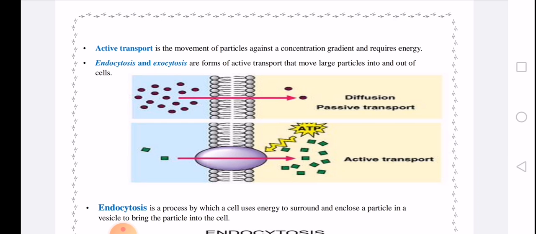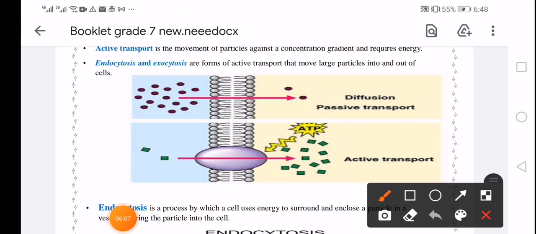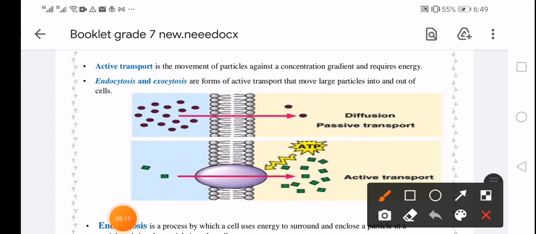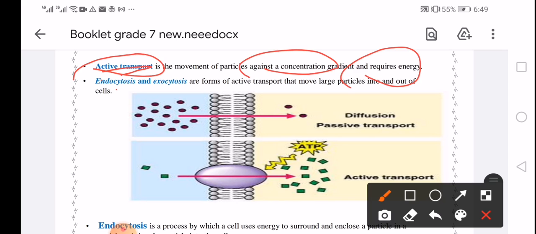Active transport is the movement of particles against the concentration gradient and requires energy. Active transport is the only one that needs energy to pass molecules or particles through the cell membrane. It moves particles from low concentration to high concentration.